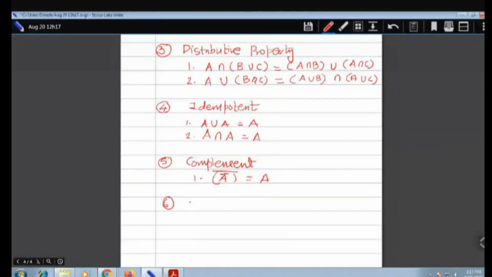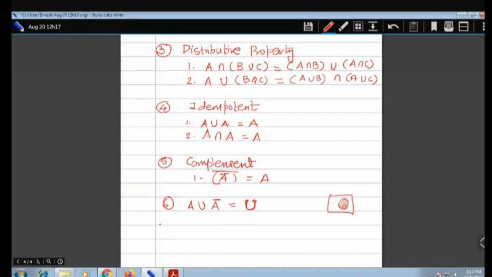A union A complement. Let us consider this as the universe and this is A. The complement of A is this. So it is always going to be your whole universe. This is not union, it is universe.